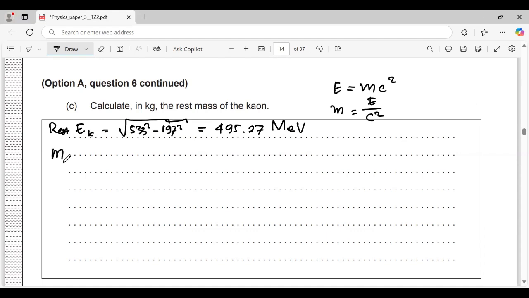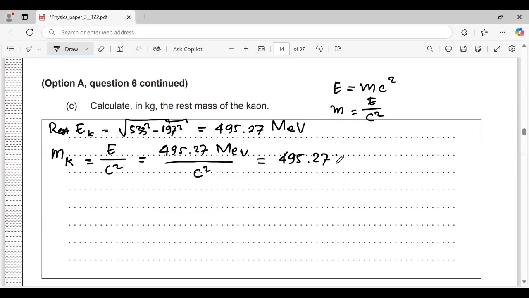So m kaon equals energy over C squared, or 495.27 mega electron volt over C squared, or we can write 495.27 mega electron volt C power minus 2.